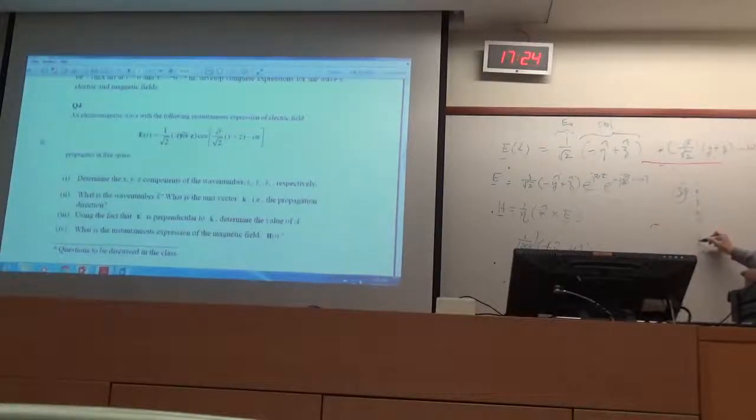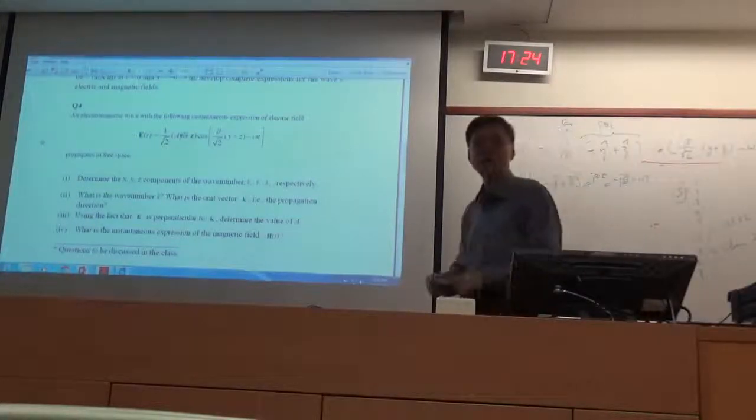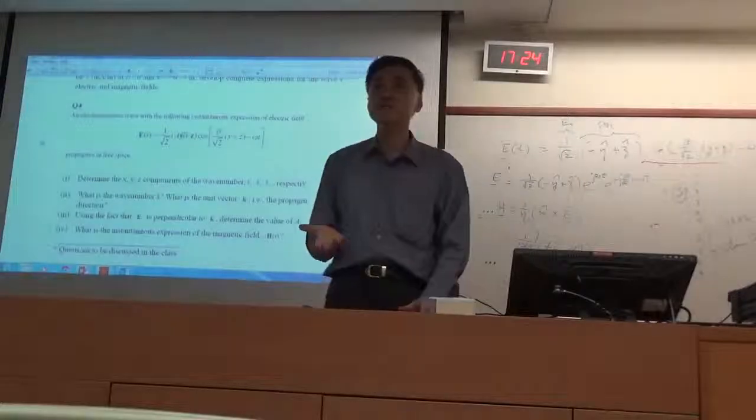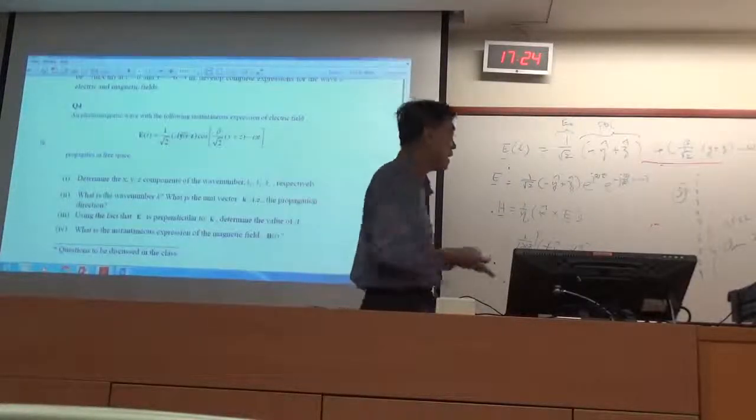Then we have 6, 7, 8, 9. 4 questions, you need to choose 2. 25 marks each. So 50 marks here, 50 marks here. No, the 5 questions are small questions, compulsory.